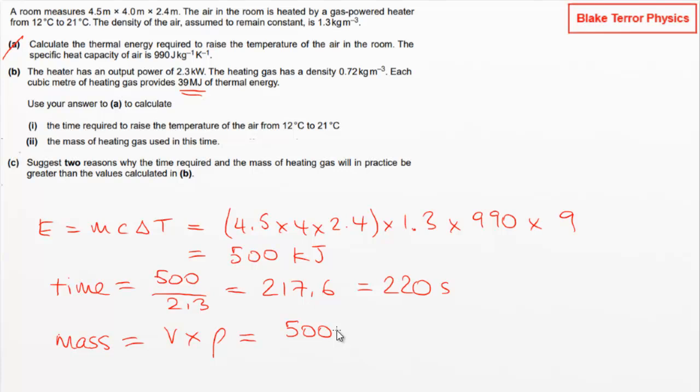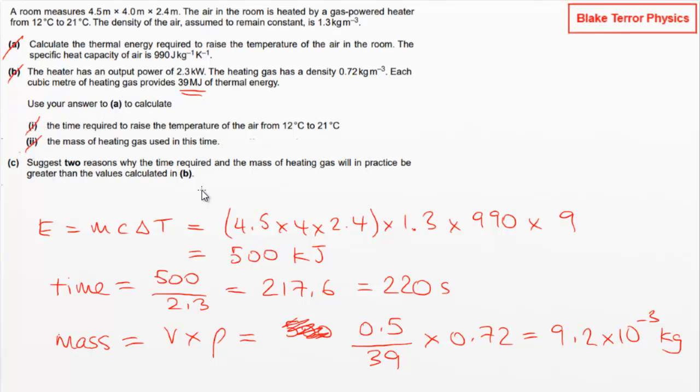Let's put that in megajoules, so 0.5, and then just divide by the 39. That gives us the volume of gas, multiplied by the density, 0.72, and that leaves us with a small number. That is 9.238, so 9.2 times 10 to the minus 3 kilograms. Okay, so that's part B done.